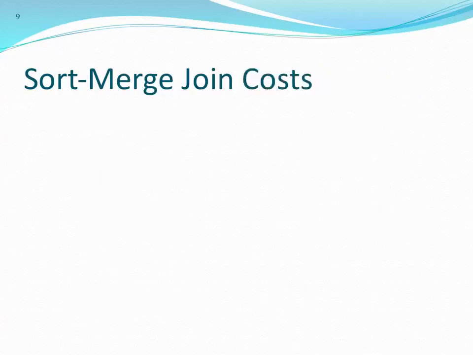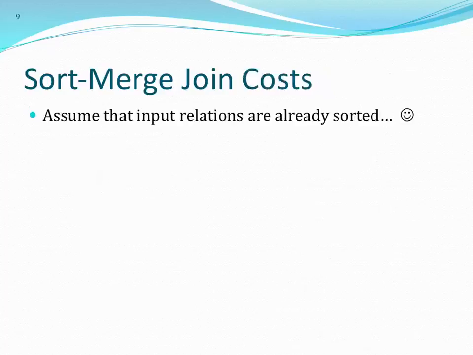So now, we're going to assume that the input relations are already sorted, because if they weren't, we'd have to sort them before we could use sort merge join. And as a historical note, it's kind of interesting that when nested loop join was the only real way that databases joined data, and then somebody figured out sort merge join and said, hey, let's start using this algorithm for database implementation, it was less expensive to sort the data and then run sort merge join.